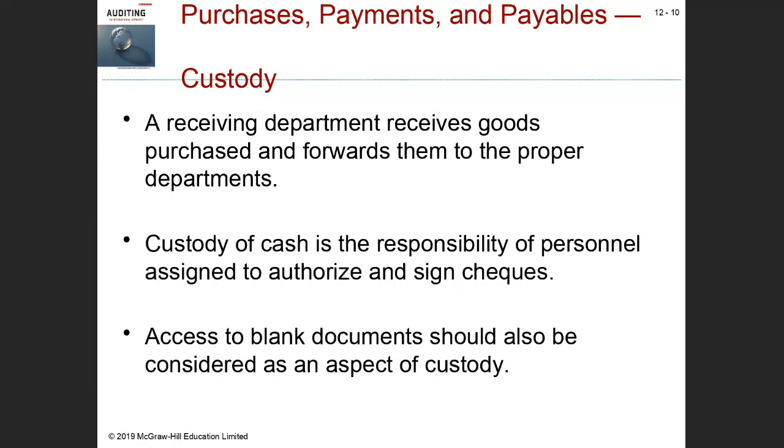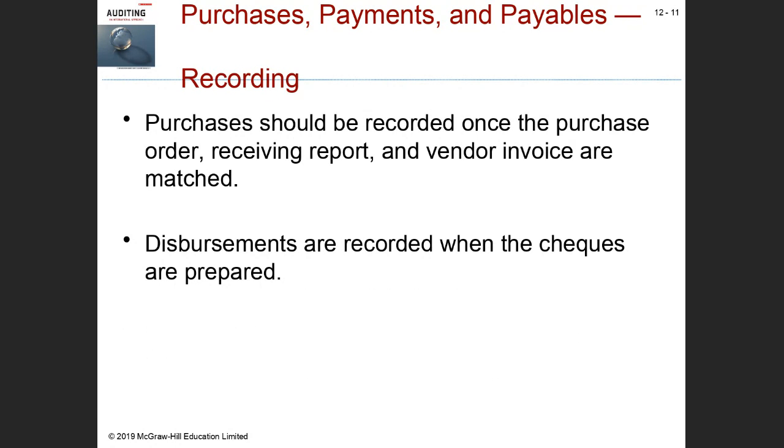So in a large company, typically they would have a vault, and normally they keep all their blank documents in that vault. So custodial control over the physical goods and other items.